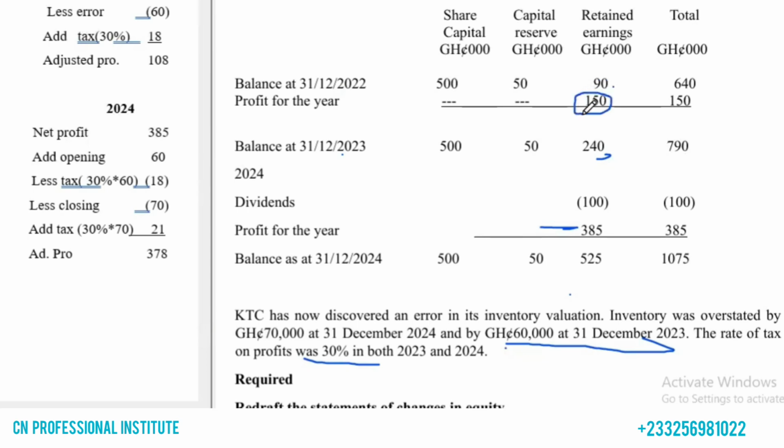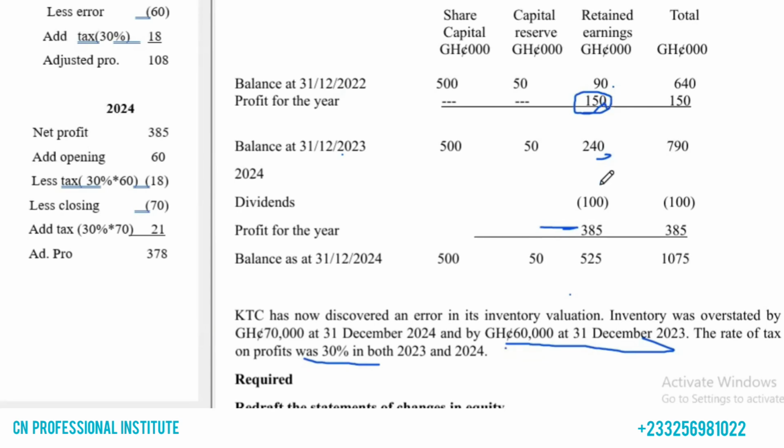You don't use the 150, but you have to use 108, the adjusted profit we got. So the only change you do is you replace this 150 with 108.